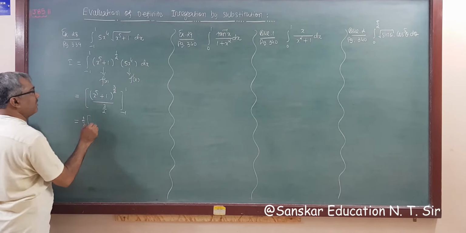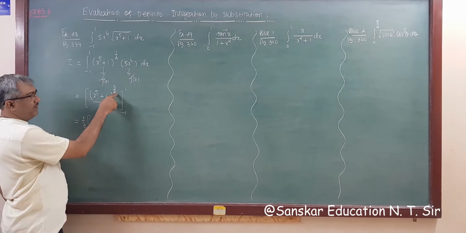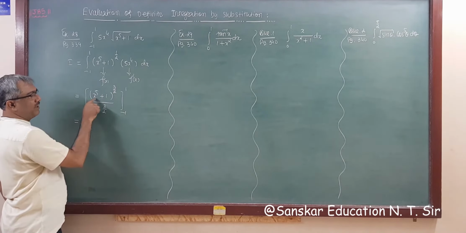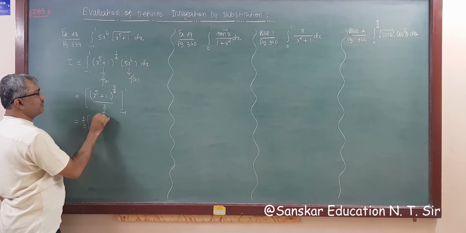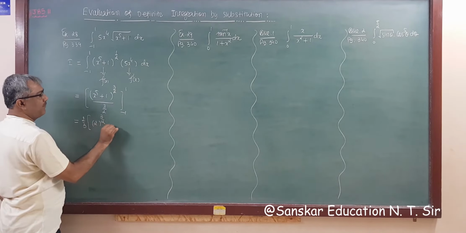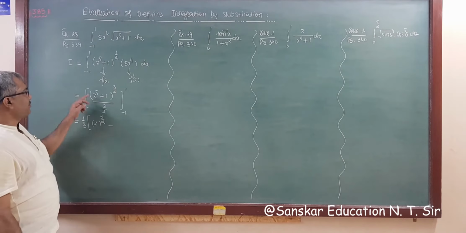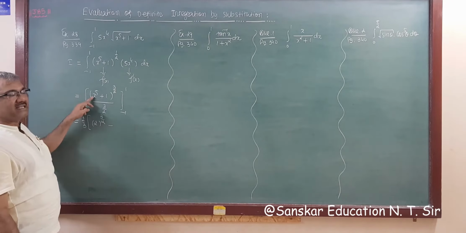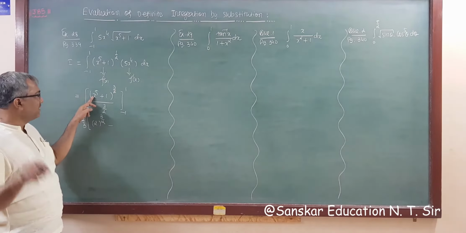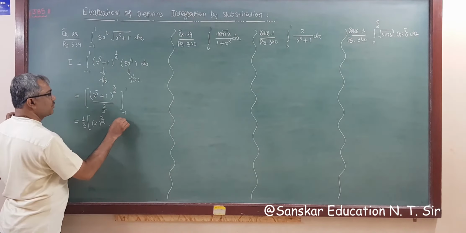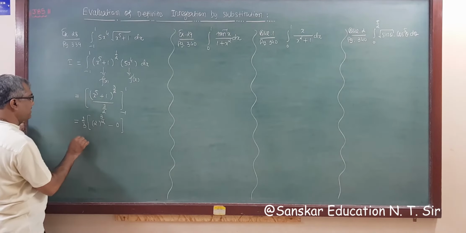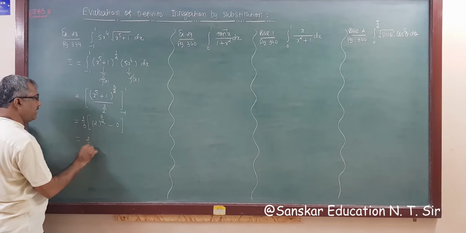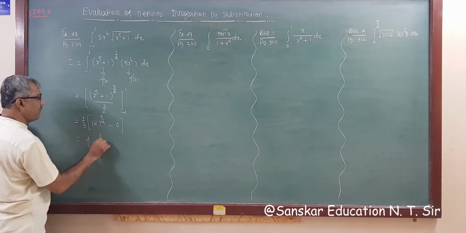Now substituting the upper limit, that is 1, so 1 plus 1 is 2 raised to 3 by 2, and minus, substituting the lower limit, x raised to 5 that is minus 1 plus 1 is 0. So this is 0. Your answer will be 2 by 3 into 2 raised to 3 by 2.